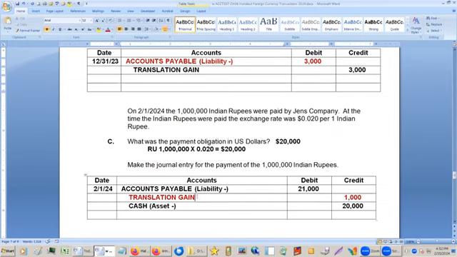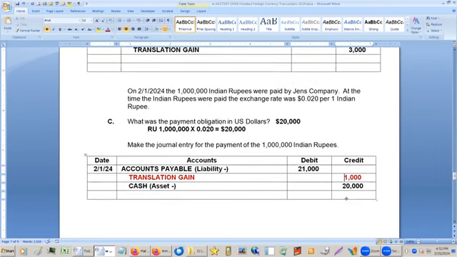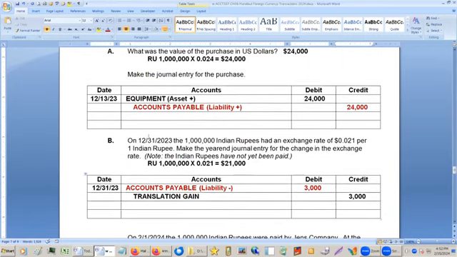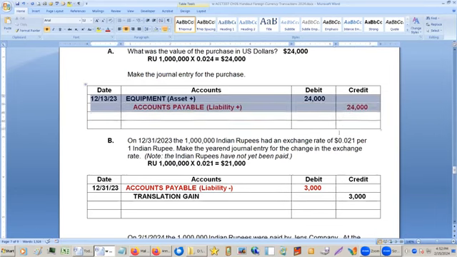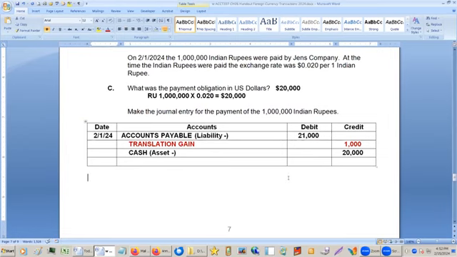And then another 1,000 gain that we had in 2024. And again, you might say, why do we have a gain or loss? Why don't we just adjust the machine? Well, the machine, assuming this was an arm's length transaction, is a $24,000 machine. It just happened that the currency underneath it changed.